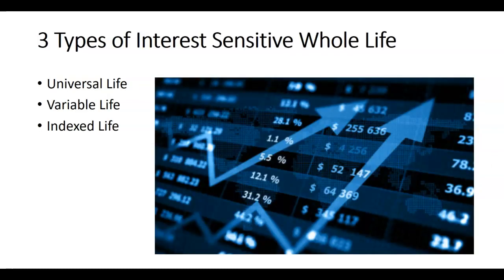Here are 3 types of interest sensitive whole life policies. The first one that we have is universal life, which we're going to be diving into. We also have variable life and index life.